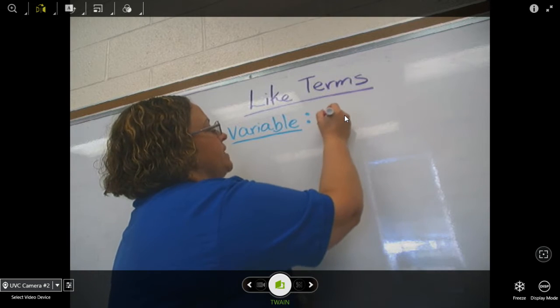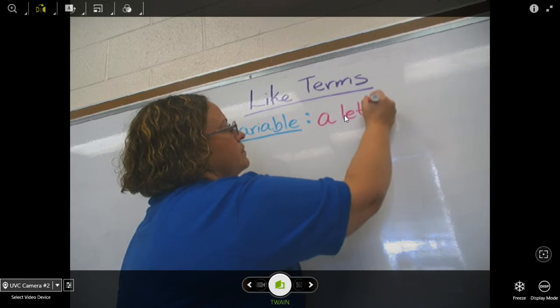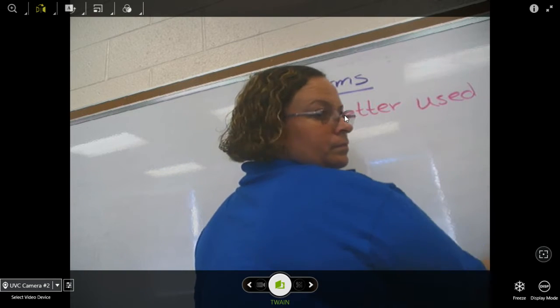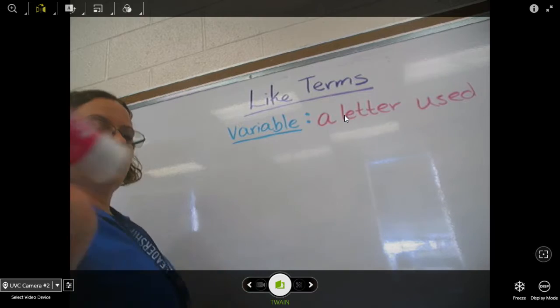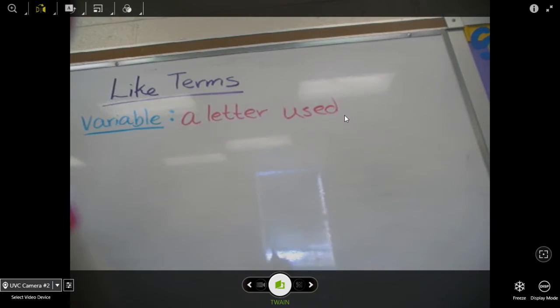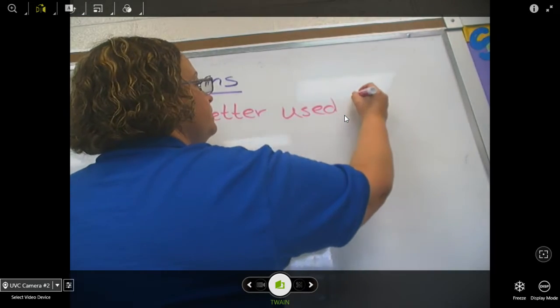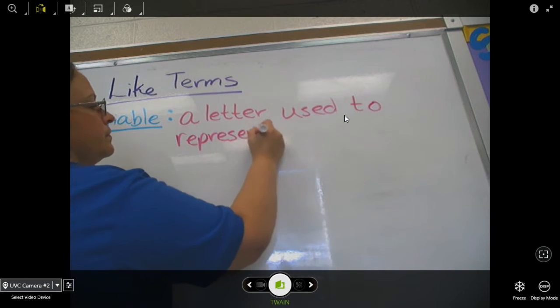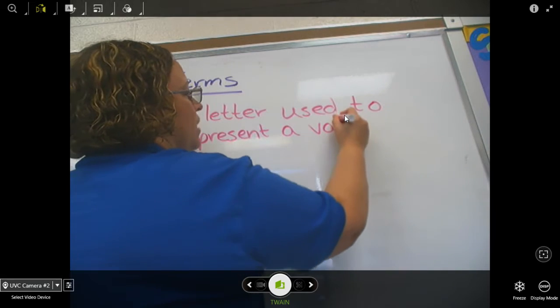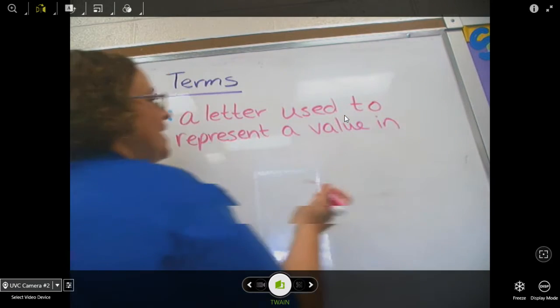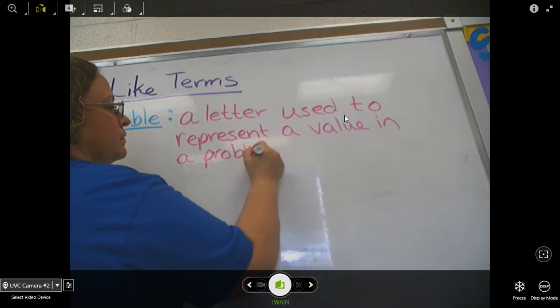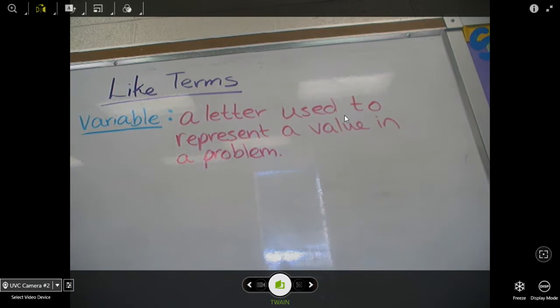A variable is a letter used to represent a value in a problem. Okay, so it's a letter used to represent a value in a problem.